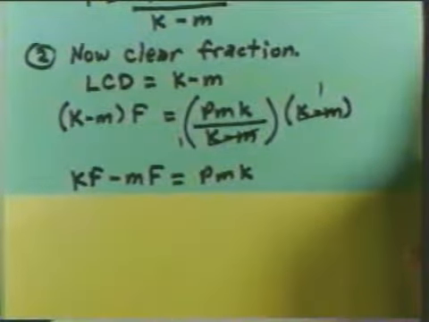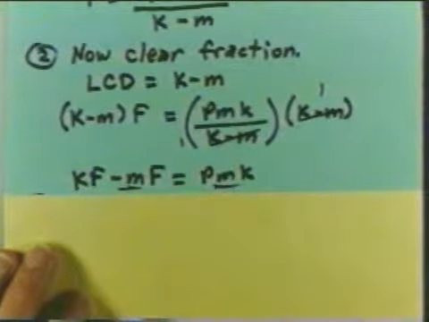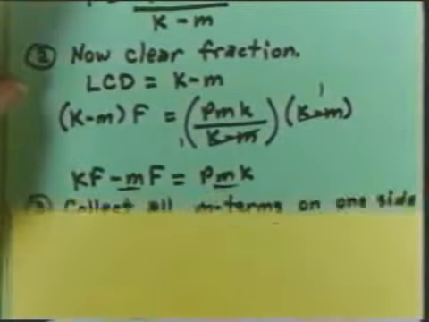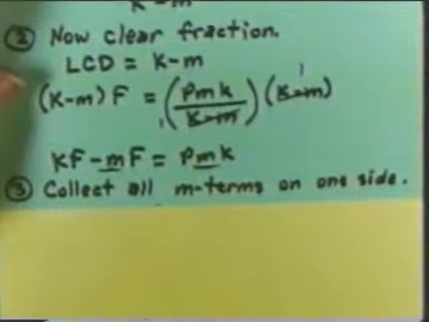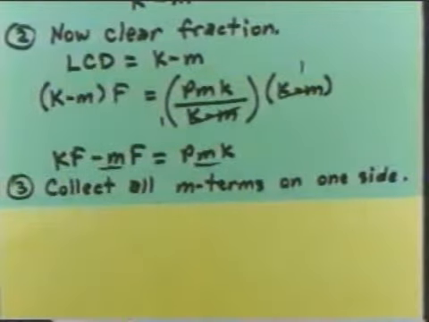Notice that the m occurs in more than one term. This requires us to collect all the m terms on one side. This is a crucial step. We cannot skip this part. We cannot shorten it. We must get all the m terms on one side.